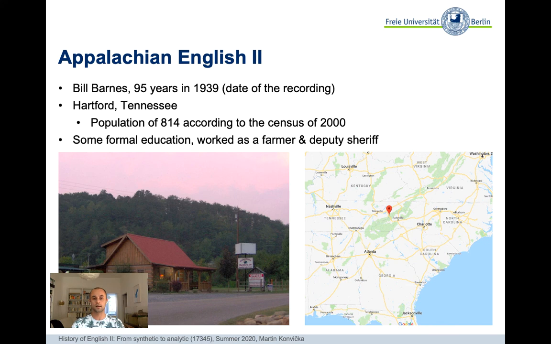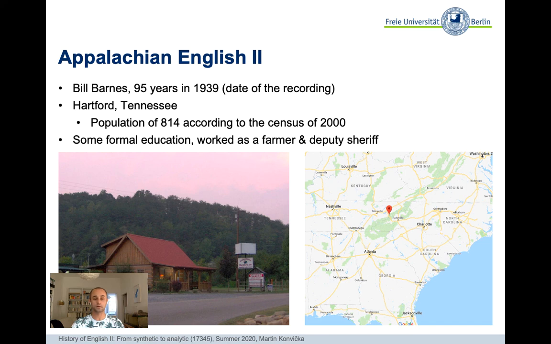It's actually a transcription of old recordings of people from this area speaking in their own variety of English. The place is Hartford in Tennessee, a small village town of approximately 800 inhabitants.